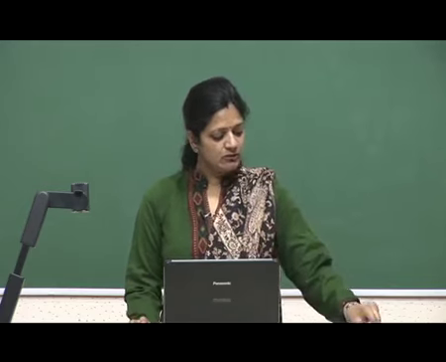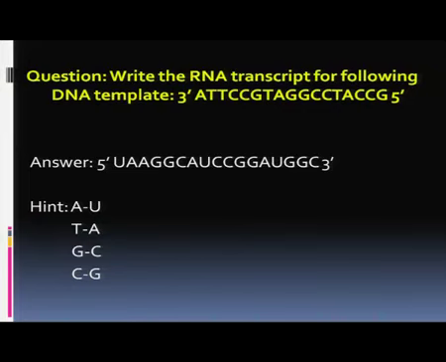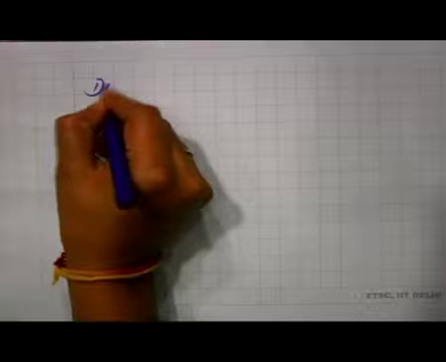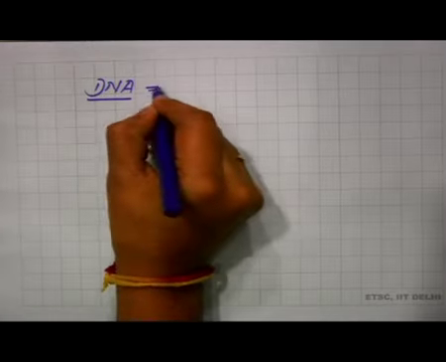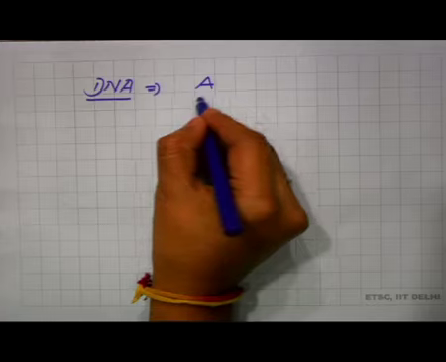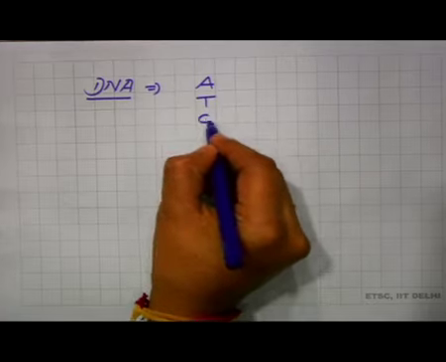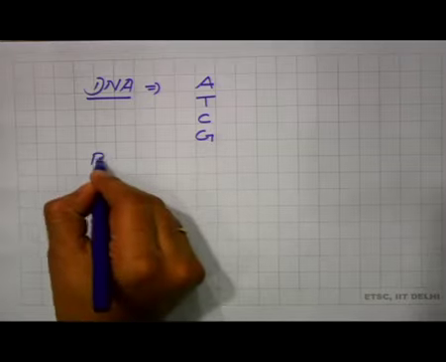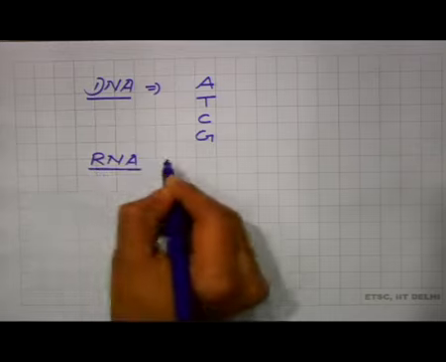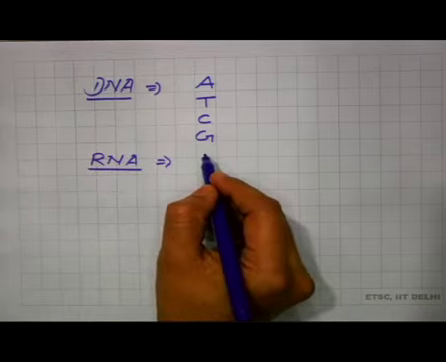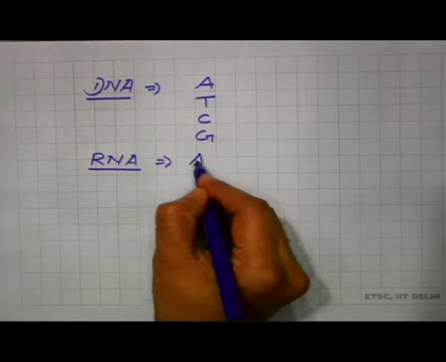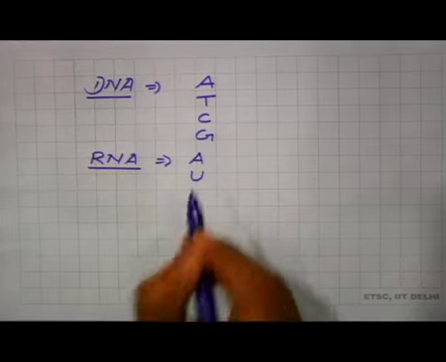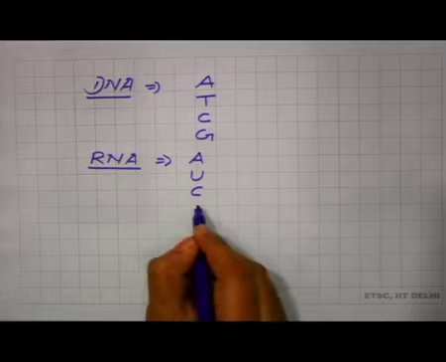But one major difference between DNA and RNA is that DNA has 4 nucleotides: adenine, thymine, cytosine and guanine. While RNA has 4 nucleotides: adenine, uracil, cytosine and guanine.